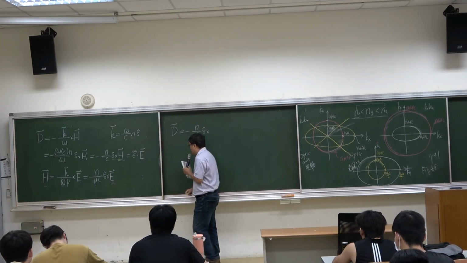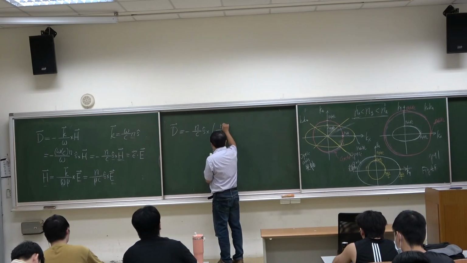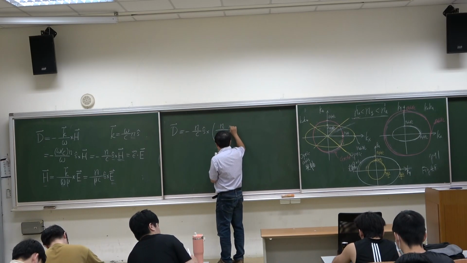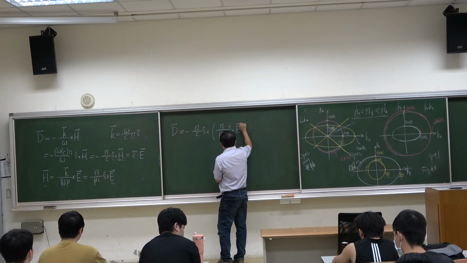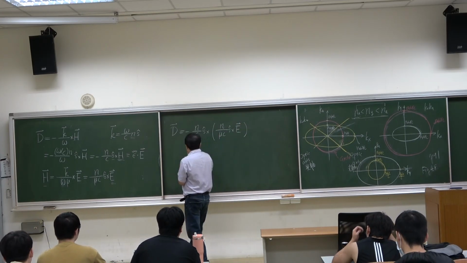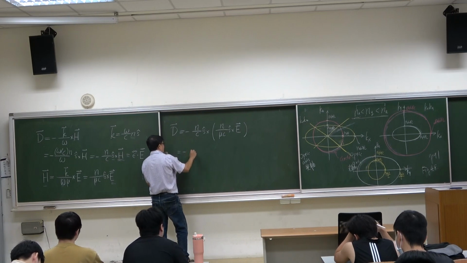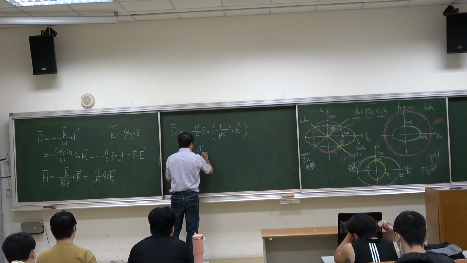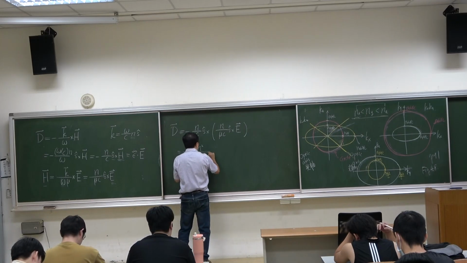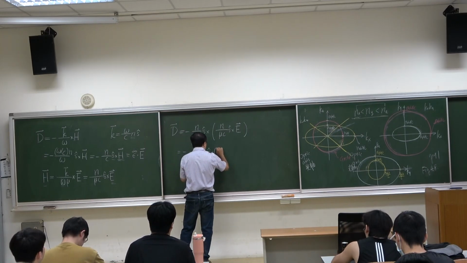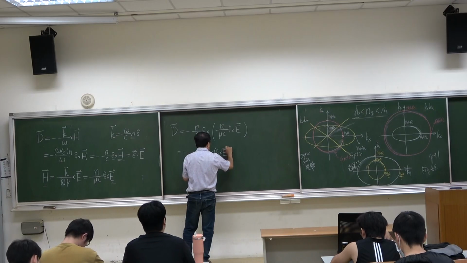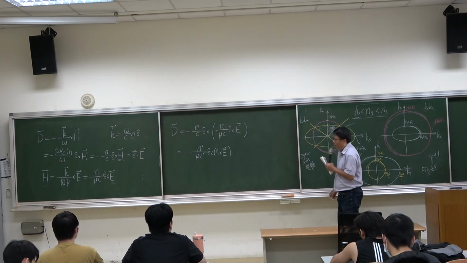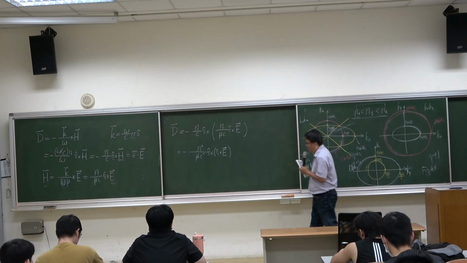H is this: n over mu c s cross E. So here we have minus n squared over mu c squared s cross E. Okay, you can use this method to find the D vector.